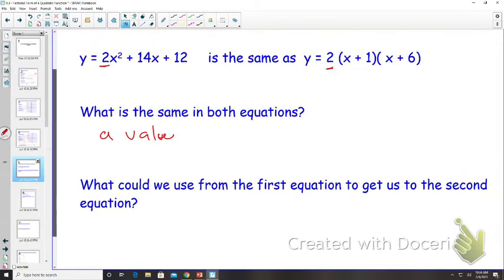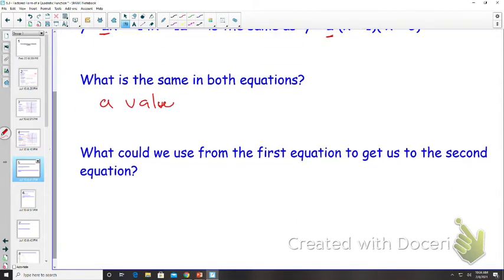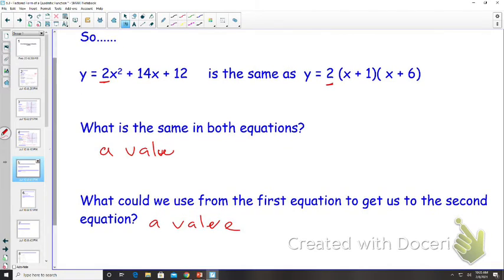And what could we use from the first equation to get us into the second equation? So our a value is going to be the same, right? And what are these? So in the factored form, what do these tell us?